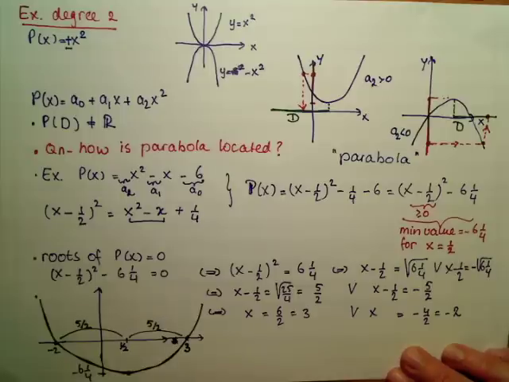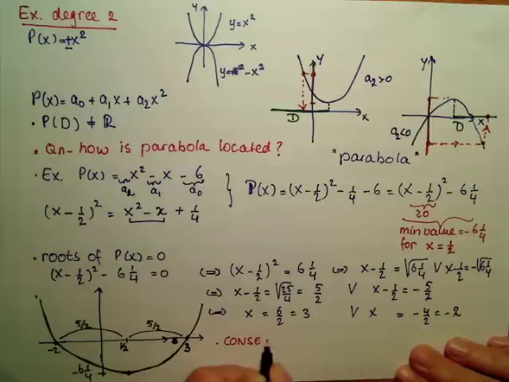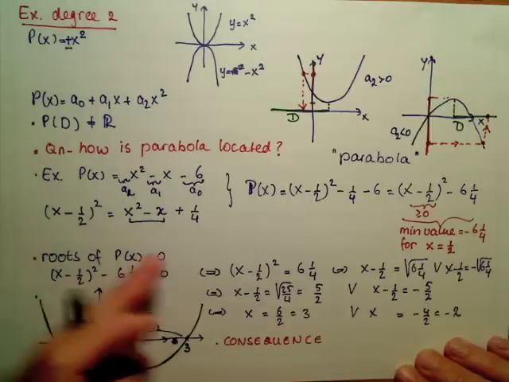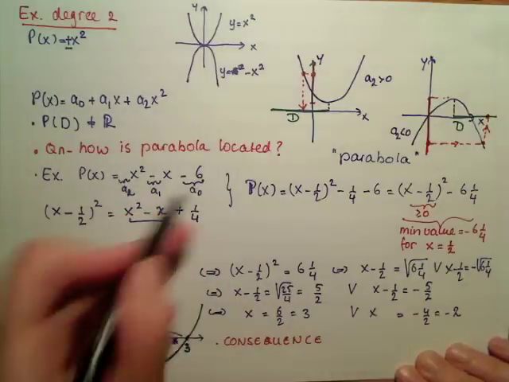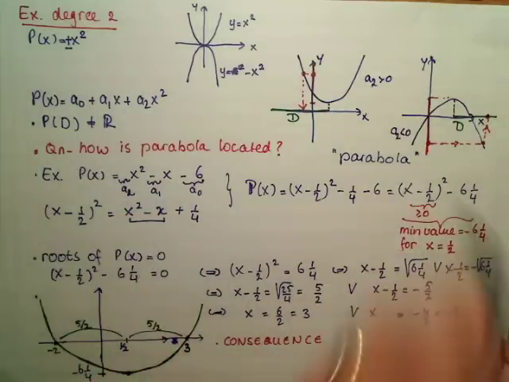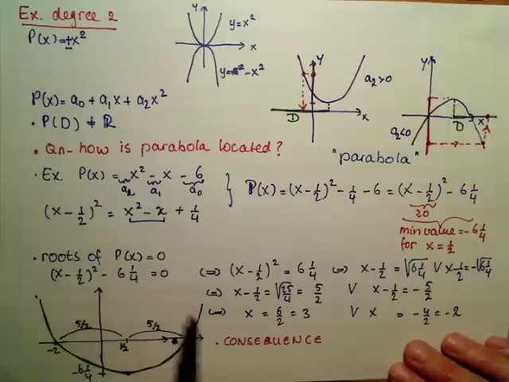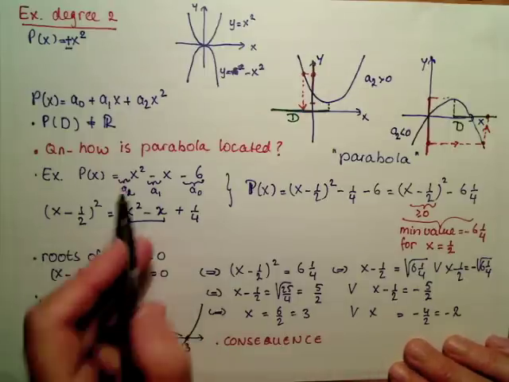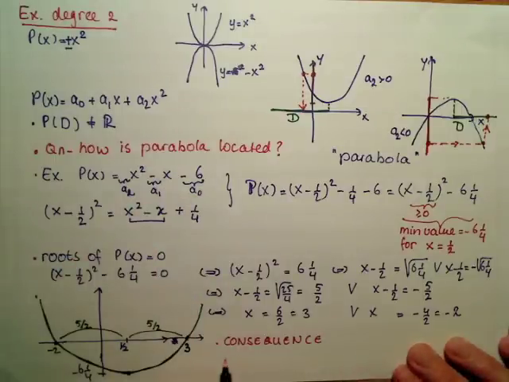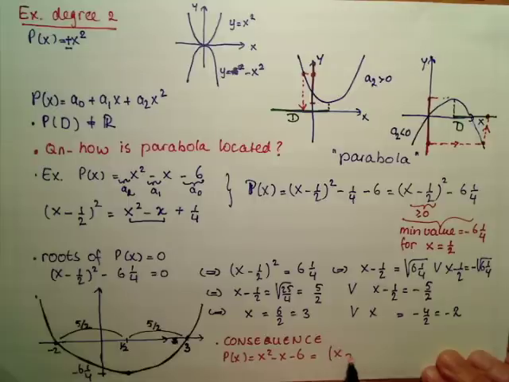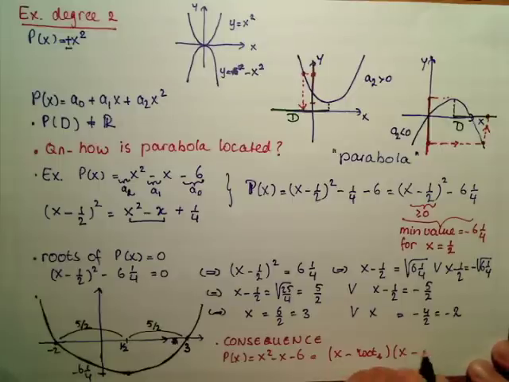Now there's one more consequence that I would like to note, because we didn't discuss it earlier, is that we have yet another way of rewriting this formula. We have this formula which we can rewrite in this way, but since we know that it has 2 roots, we can also write this formula for our polynomial in the form of x minus root 1, the first root, times x minus the second root.